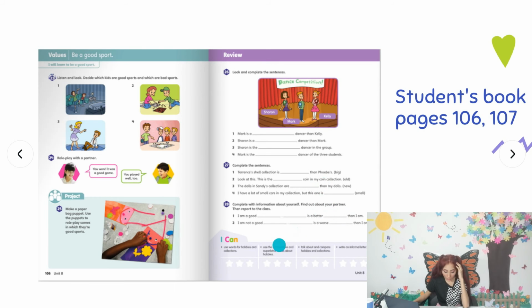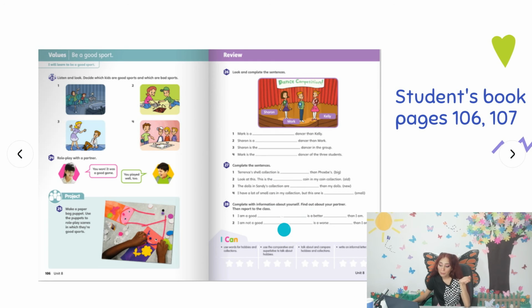Depending. Activity 28. Complete with information about yourself. Find out about your partner to report to the class. Okay, I will say, I am a good student. Lucy is a better student than I am. Number 2, I'm not a good singer. Mike is a worse singer than I am. Okay, so this is an example of what I wrote.